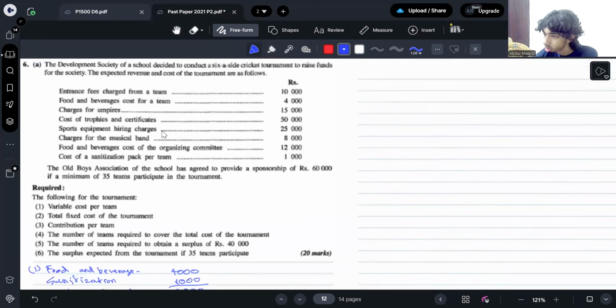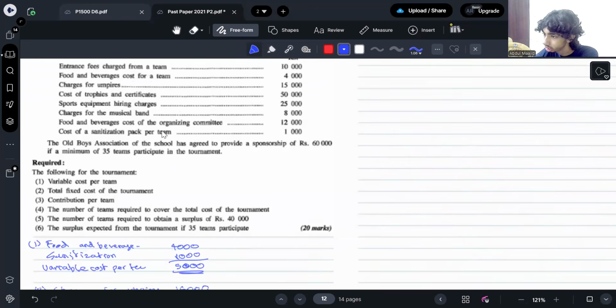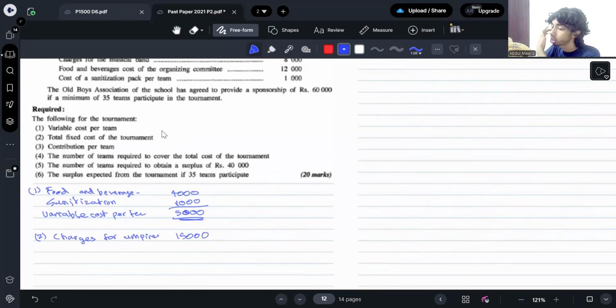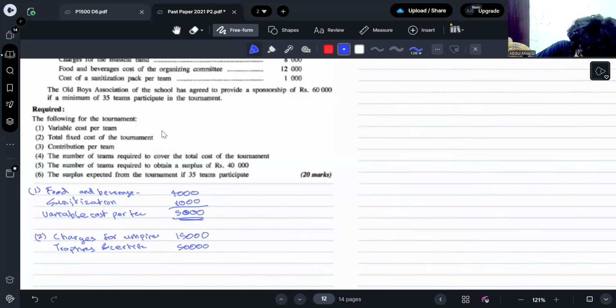Then you have cost of trophies and certificate. Trophies and certificate 50,000.